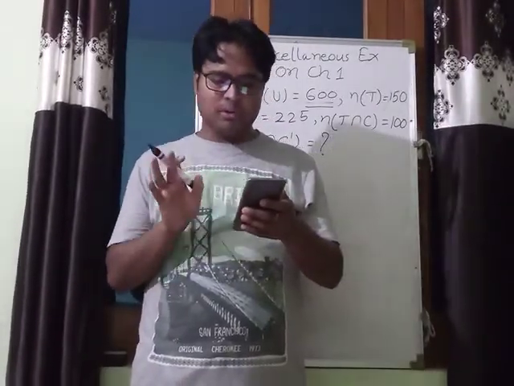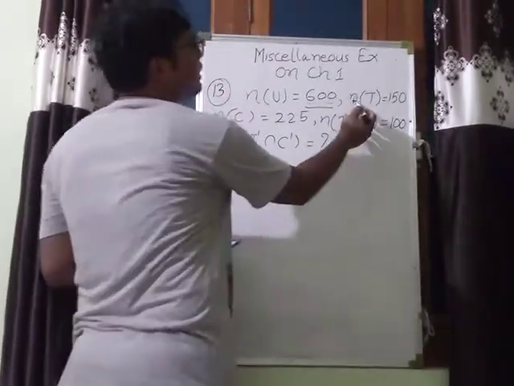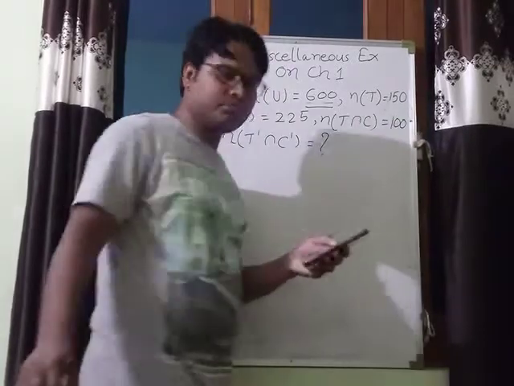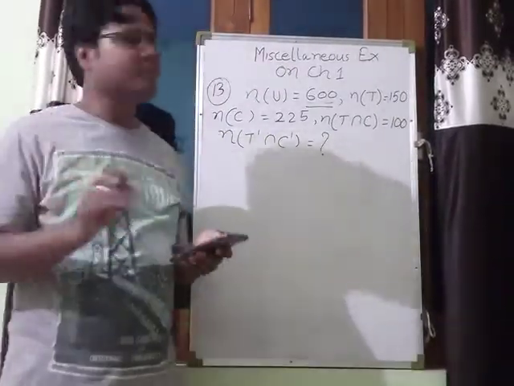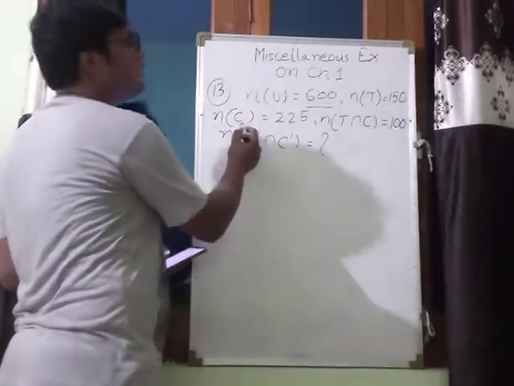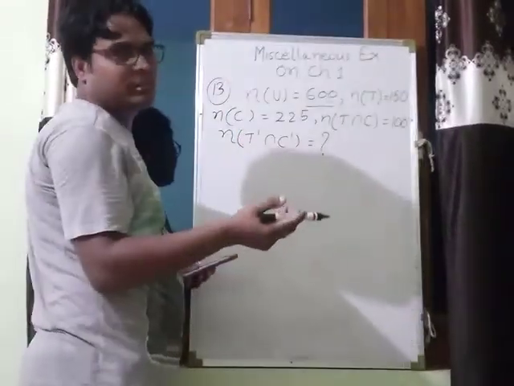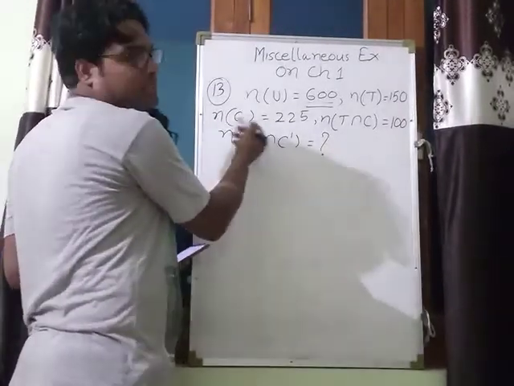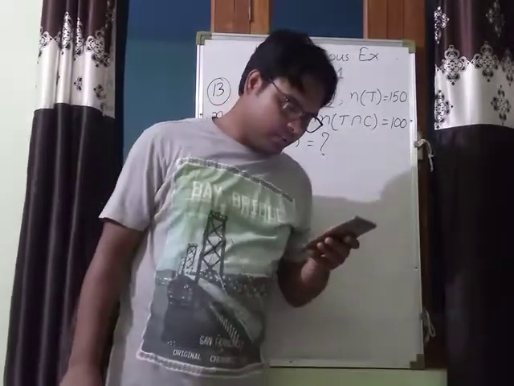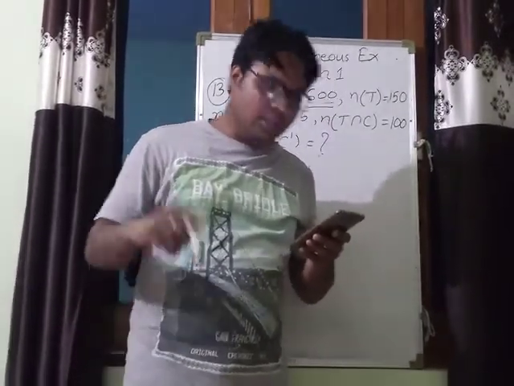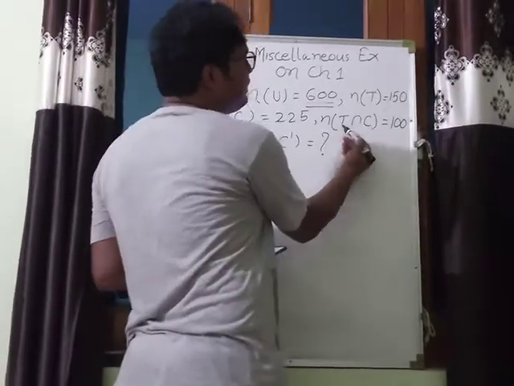150 students were found to be taking tea. So the number of elements in tea is 150. 225 taking coffee. The number of elements in coffee, who are taking coffee, will be represented by N C, that is 225, and 100 taking both coffee and tea.